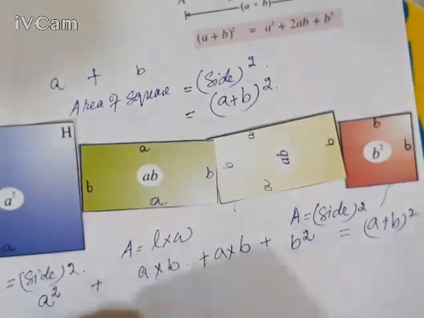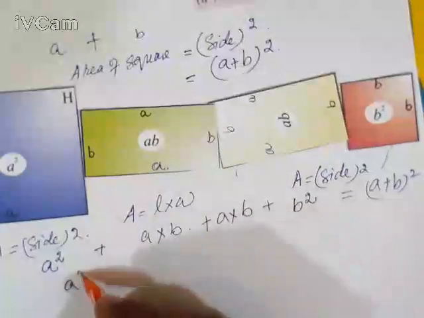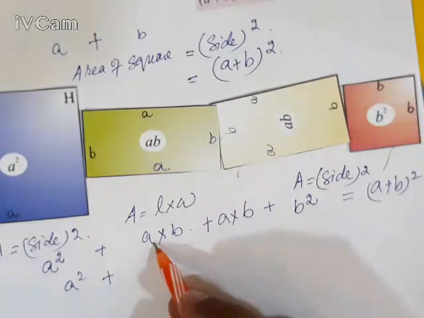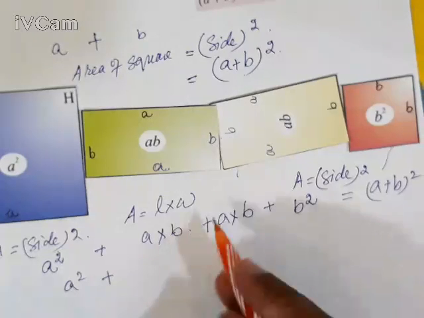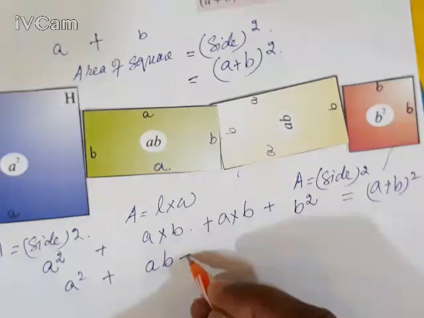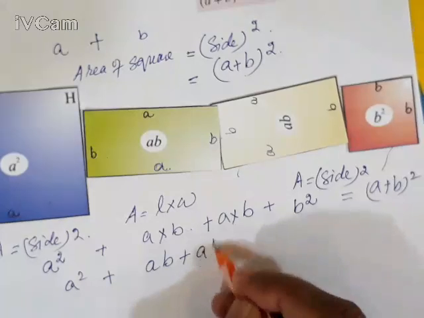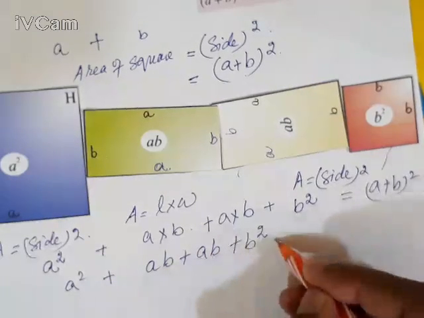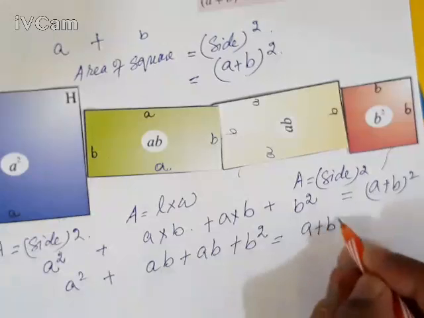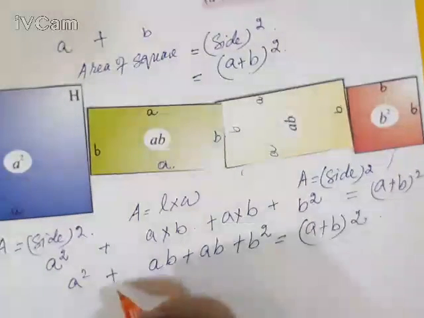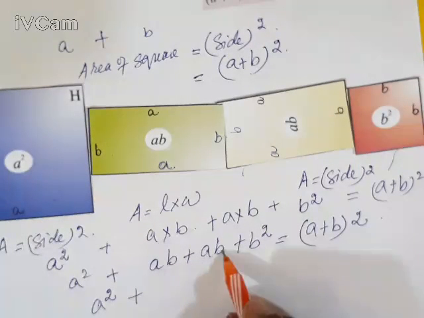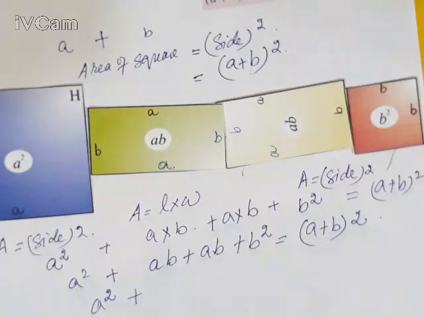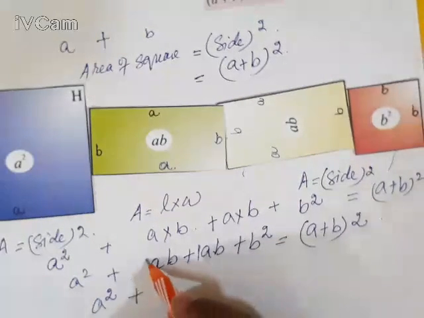Now a square plus, when you multiply these two different variables, their powers are not added, so we simply write ab. The same is the case here, ab, plus b square, which is equal to a plus b whole square. This is further equal to a square plus, now for these two terms ab the constant value here is 1 and here is also 1.